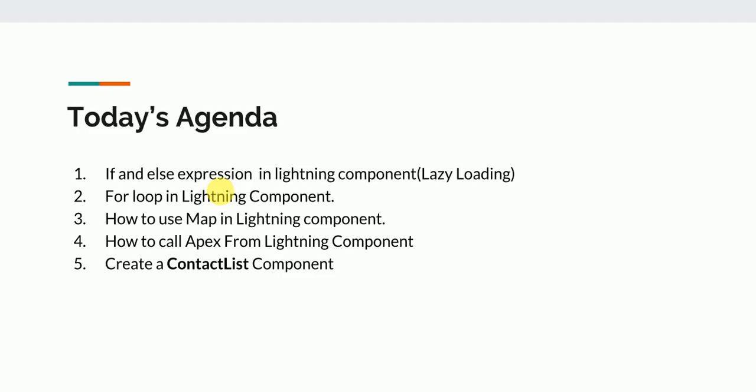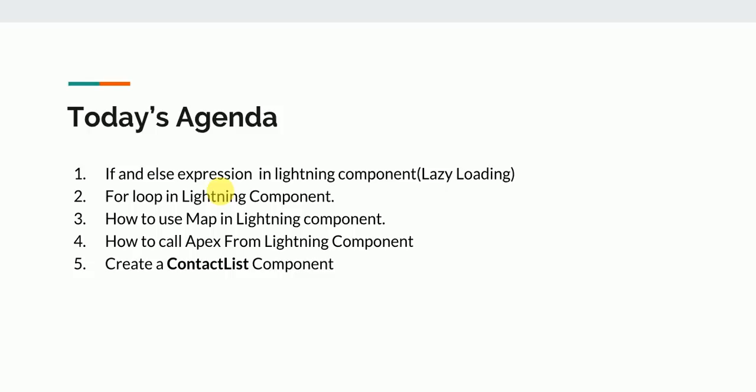Today we will learn how we can use if and else expressions in a Lightning component, which we can also call lazy loading. We will also see how we can use a for loop inside the Aura component, as the concept of the for loop in a VF page and a Lightning component is far different. How we can use the map in the Lightning component, as in our previous session we saw the data type map, but we didn't implement it.